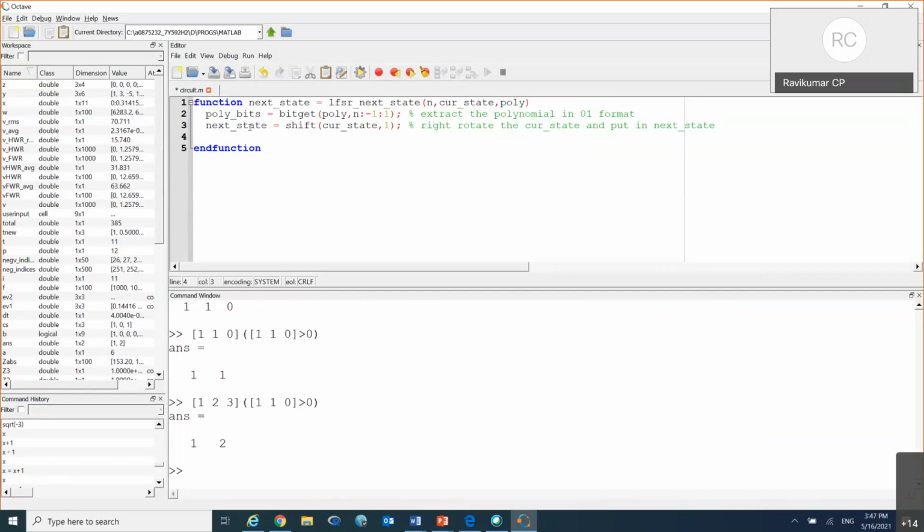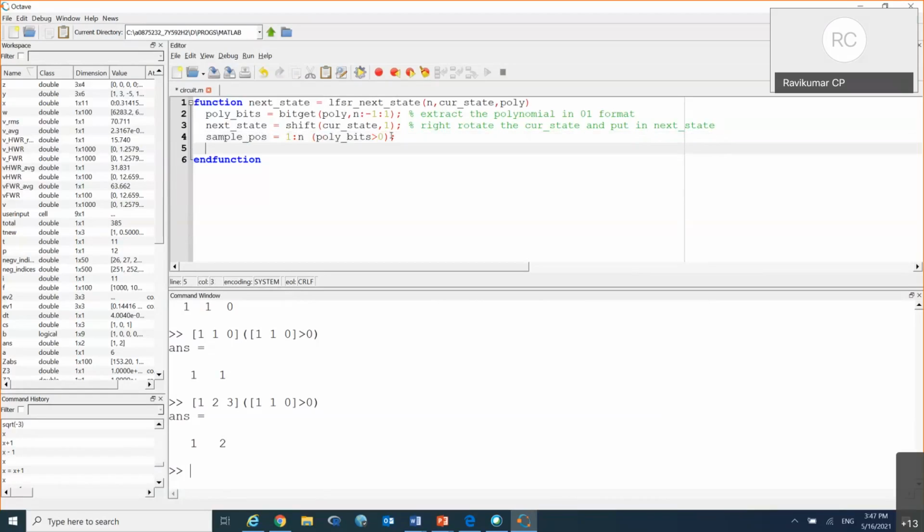So what I can try to do is sample positions is equal to, so I'll go from 1 to n, right? And within that I will write poly bits greater than 0. That means all the ones, whichever are ones, those are what it will extract, right?